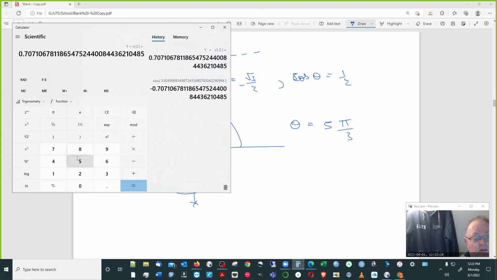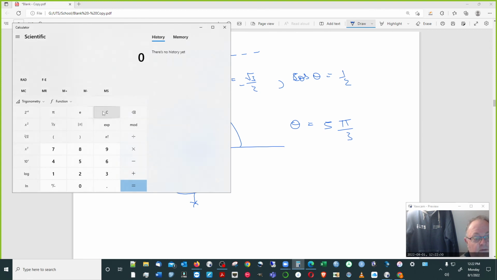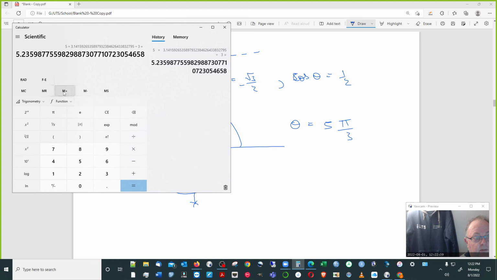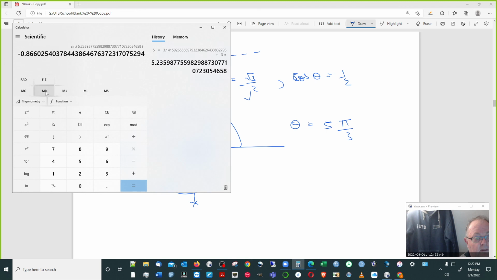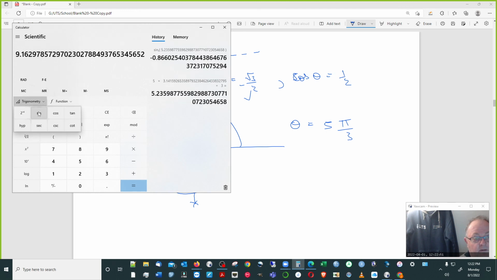Okay, so just clear all that stuff. 5 times pi divided by 3. Put that in the memory. Do the sine of that. Minus 0.866, tick. And get the memory out and do the cos one.